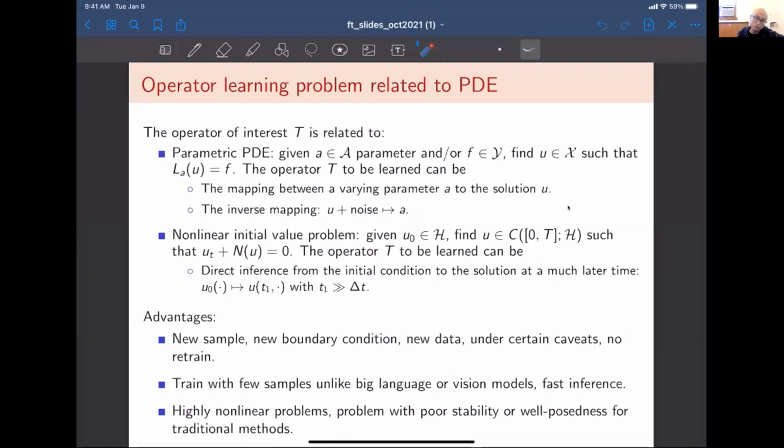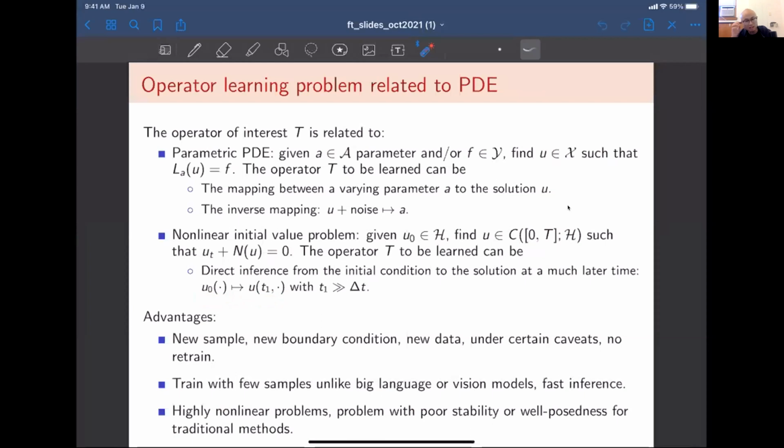So for example, right now, we want to learn an operator starting from the initial condition or any intermediate step, to a much later time. I would like to emphasize this T1 is much bigger than our normal step size, for example, bounded by the CFL condition for the explicit scheme.